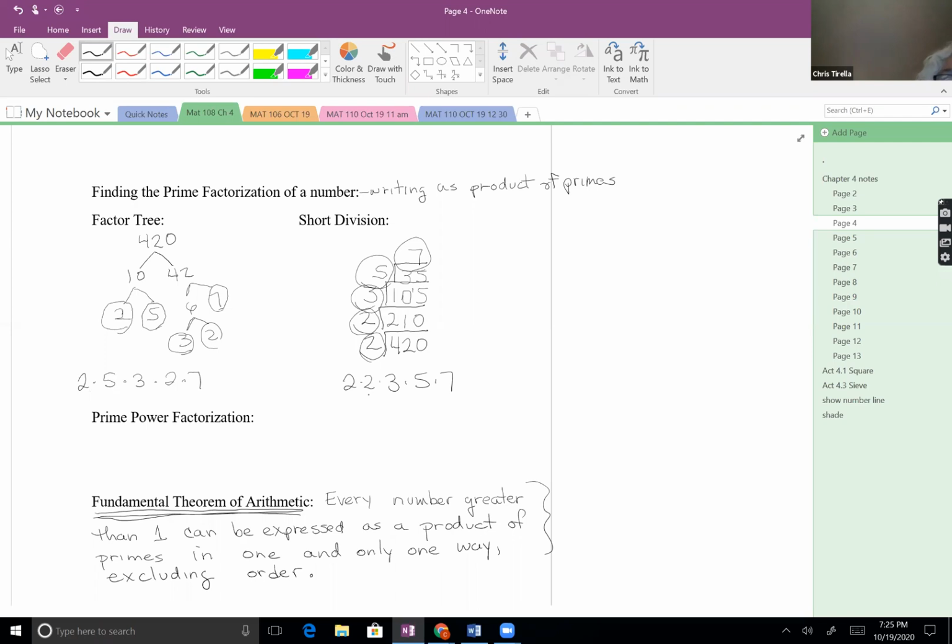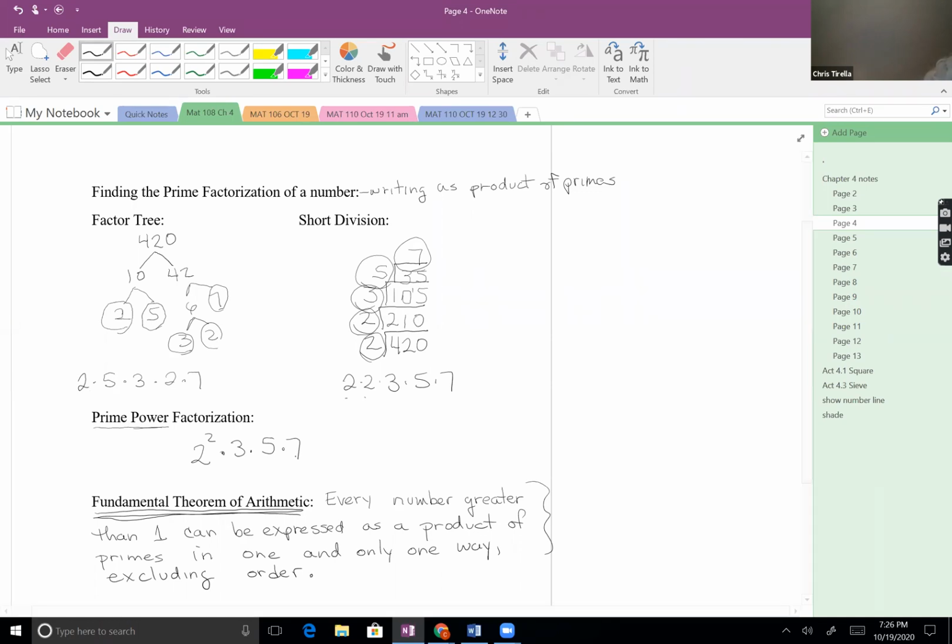And then once I have that prime factorization, we can look at it as a prime power factorization. Rather than writing that 2 twice, I could say it's 2 to the second times 3 times 5 times 7.